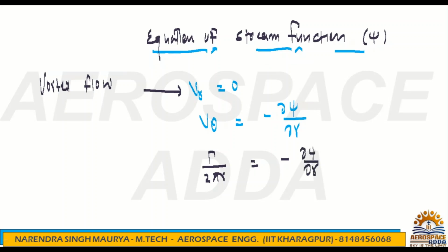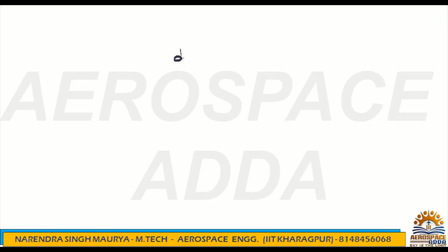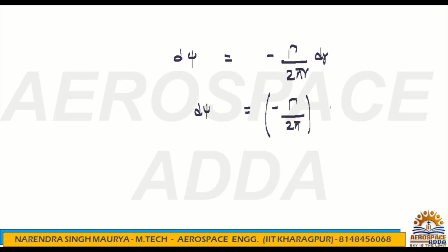Now you can take this value: d psi is equal to minus circulation upon 2 pi r into dr. So d psi is equal to minus circulation upon 2 pi, dr by r.